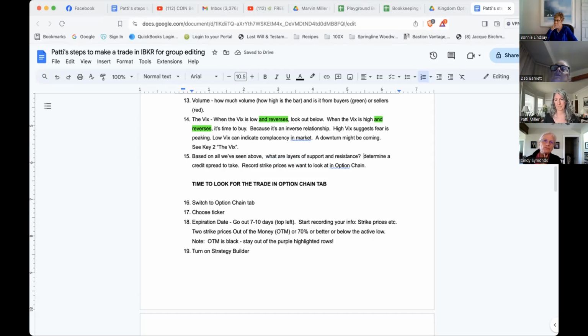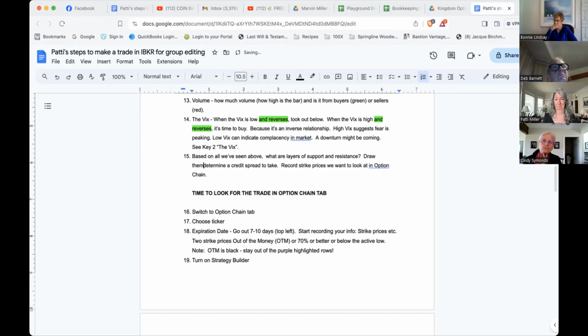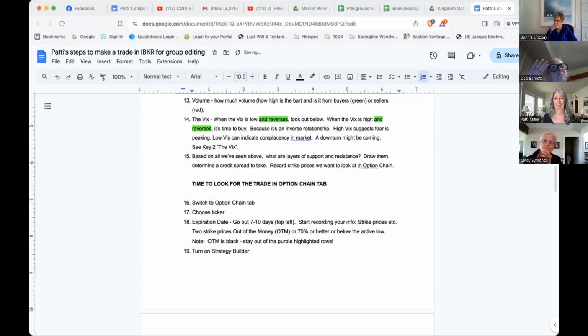Then we want to ask ourselves what level out of the money do we want, to see if we can get enough credit spread to make it worth our while. So yes, draw them.